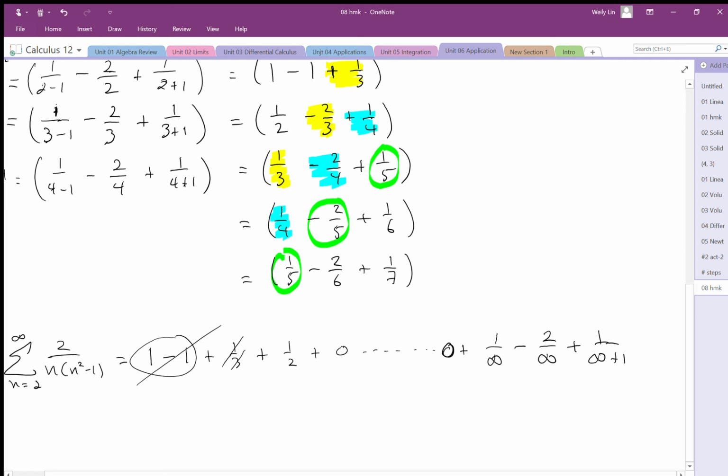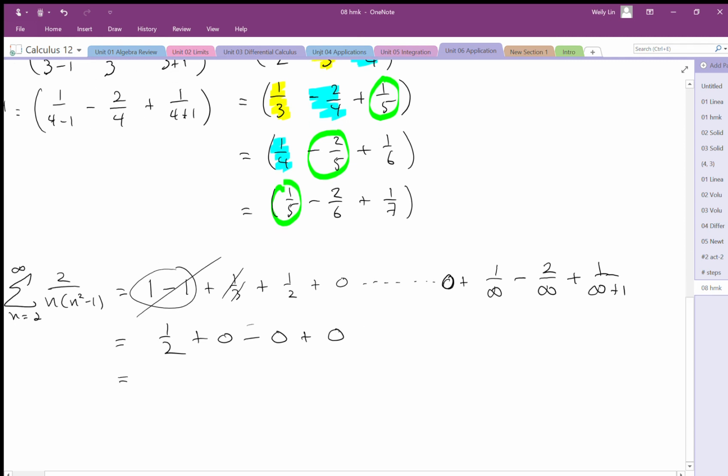This term helps generate one of the zeros. So really all that we're left with is this. We're going to have 1/2 plus, well, 1 over infinity is 0, minus 2 over infinity is 0, and 1 over infinity plus 1 is 0. So the net sum works out to be 1/2.